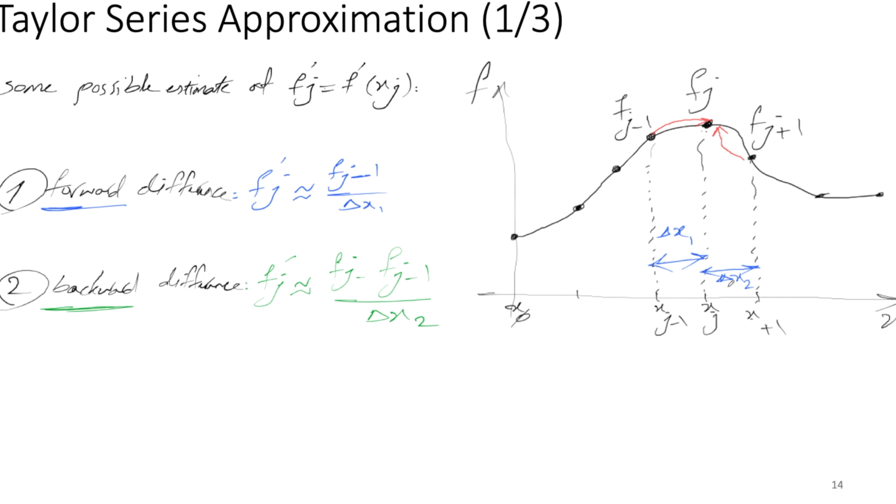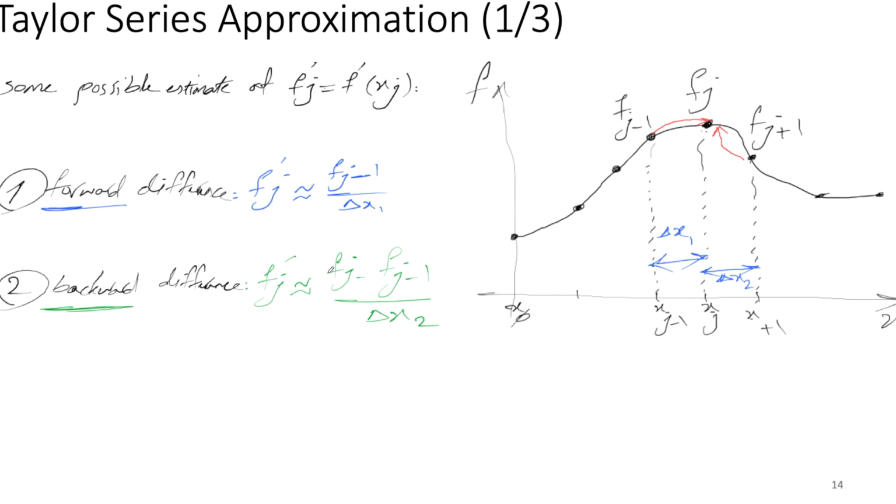So the distance is delta x2, and to compute f prime of j, you have to subtract fj1 from fj.